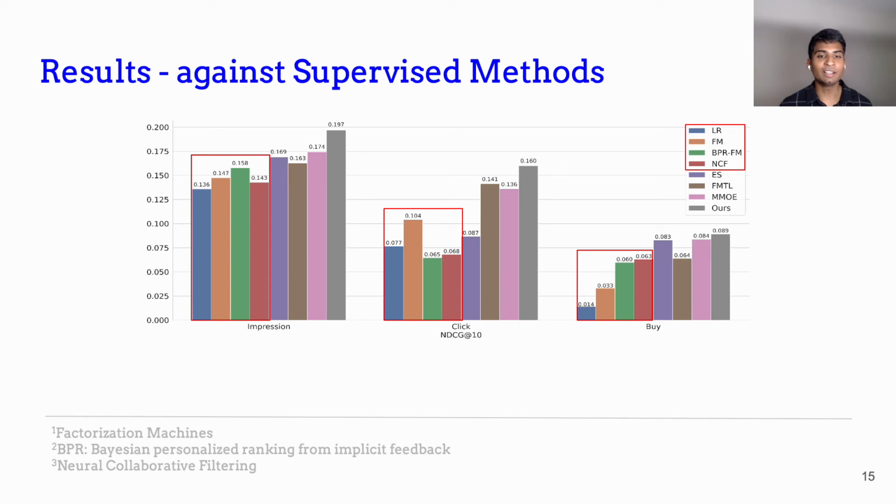As shown in the slide, our method performs superior against supervised methods. Supervised learning methods cannot plan the recommendations in a way that considers long-term reward. They also follow a single task learning framework and thus fail to take advantage of the knowledge from other tasks to improve their performance on each task.